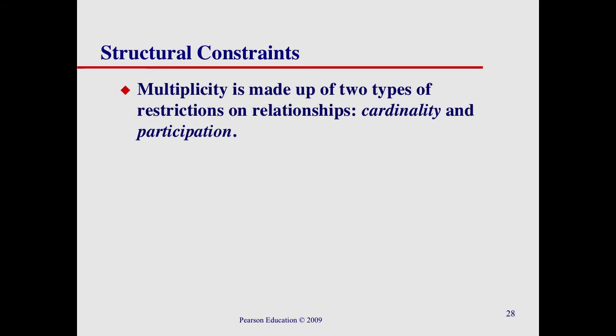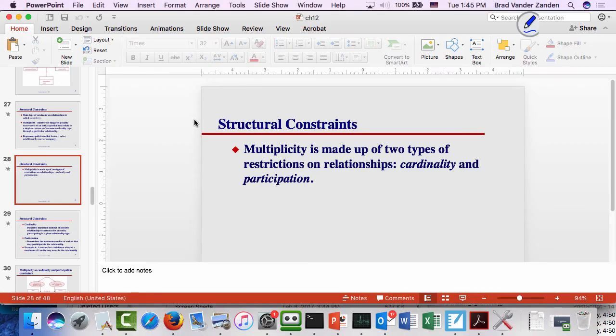And multiplicities are made up of two things because they have a minimum and a maximum value. The maximum value is the cardinality. The minimum value is the participation. So this is the max. This is the min.